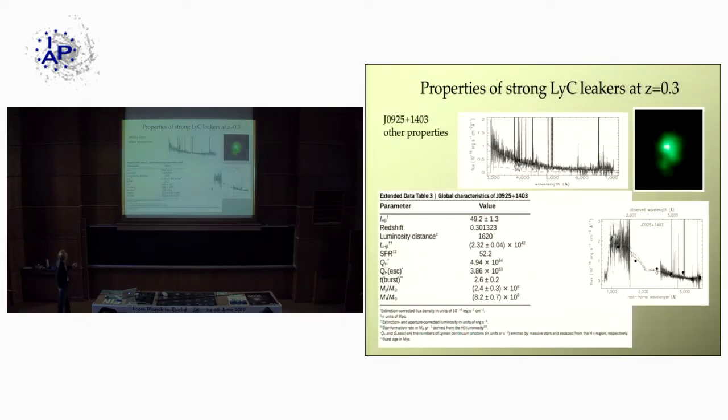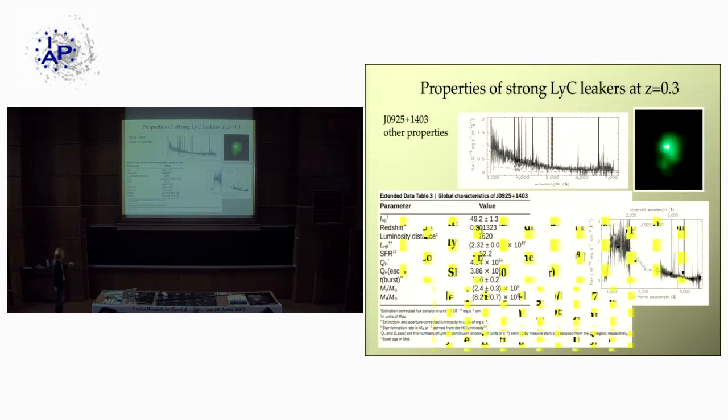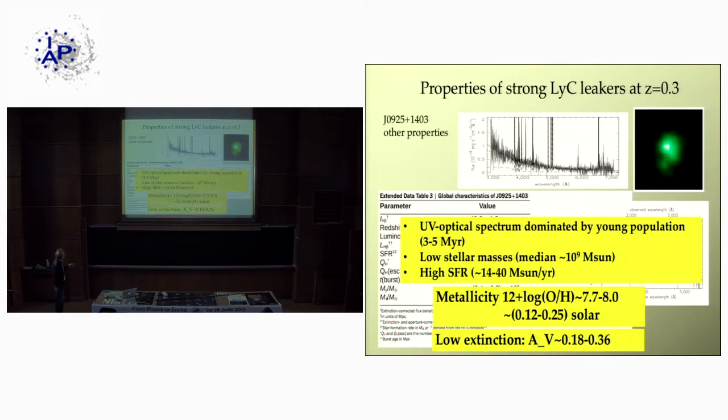But this is a property by selection, and other properties we can derive for these galaxies are basically everything or nearly everything we want. These are selected from the Sloan survey, there are images, there are spectra, there are deep spectra, so we can basically measure stellar population, stellar masses, metallicities, extinction, etc. with the usual methods.